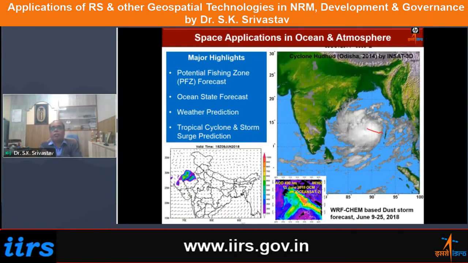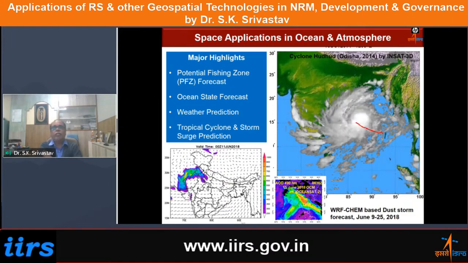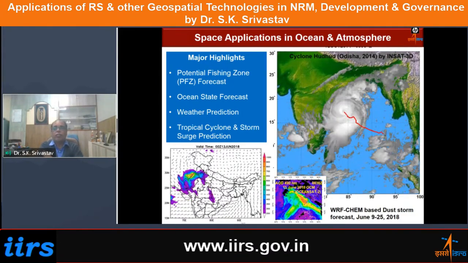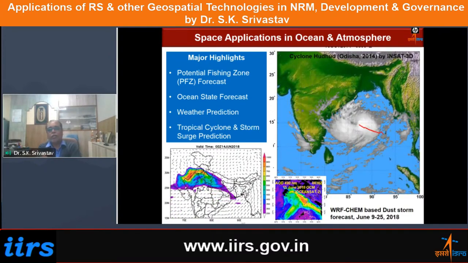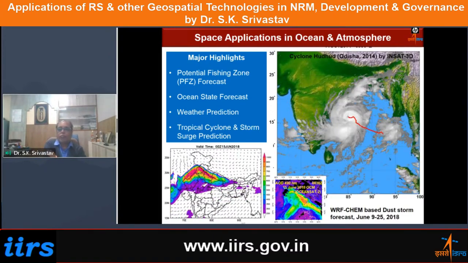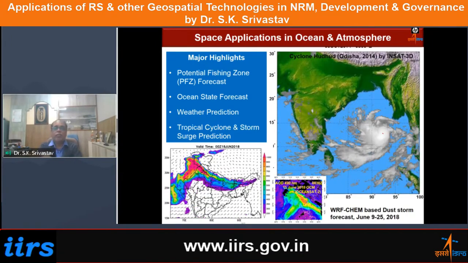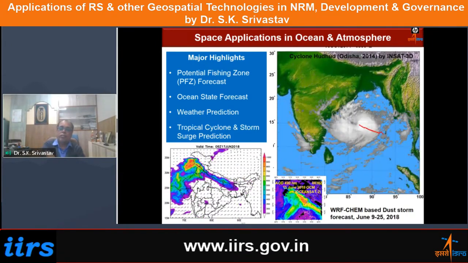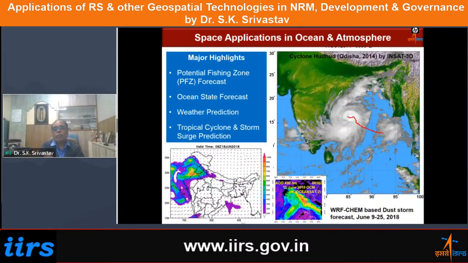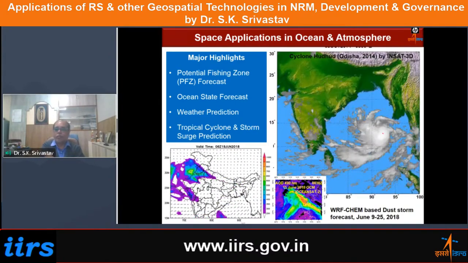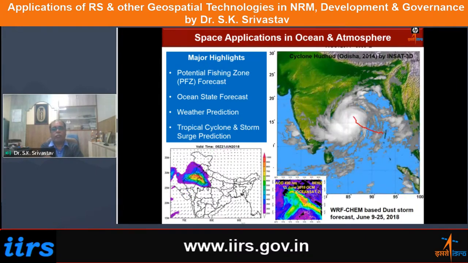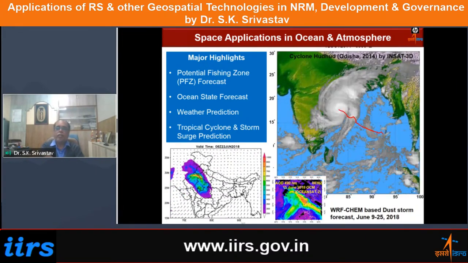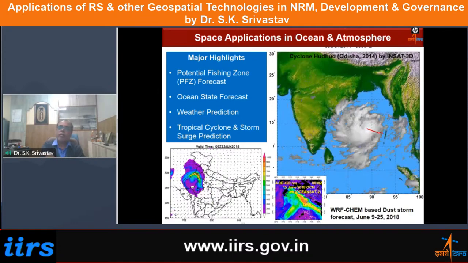Then another sector which is again very important is the ocean and atmosphere sector. All of us watch the weather report more or less every day on TV, and we must have noticed that weather reports these days have become very accurate, thanks to the availability of satellite images at very short intervals of time.